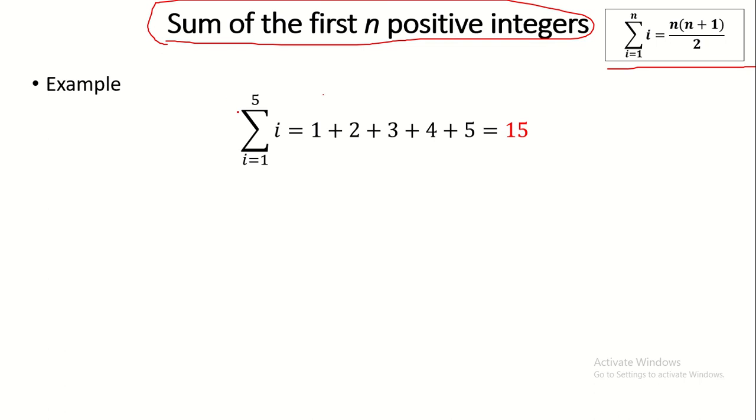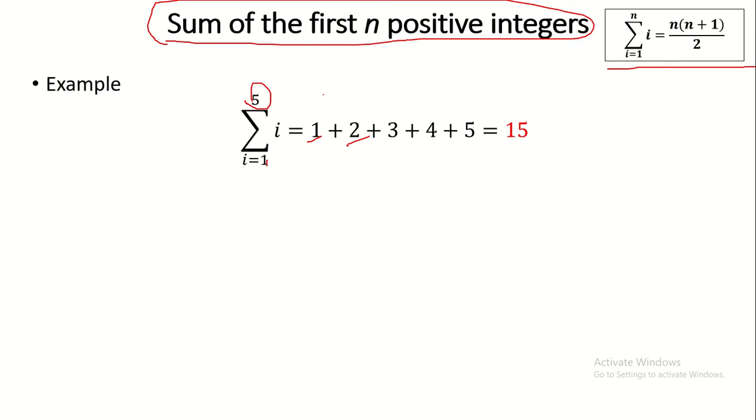Okay, so say for example, we have the summation of i from i equals 1 up to 5. So we're getting the sum of the first 5 positive integers since we started from 1 up to 5. So let's write it down: if i is equal to 1, we have 1. If we plug in i equals 2, we have 2.